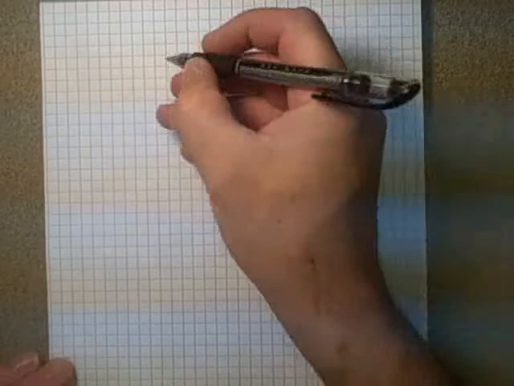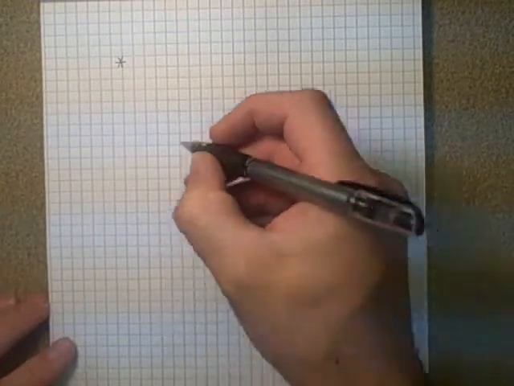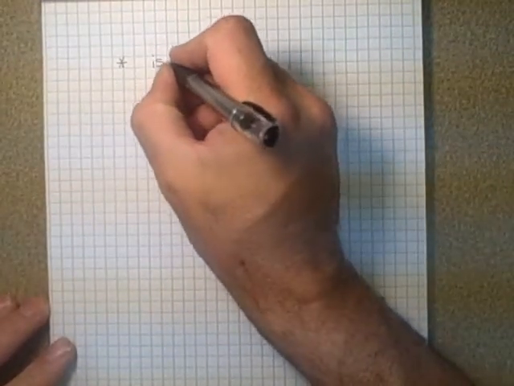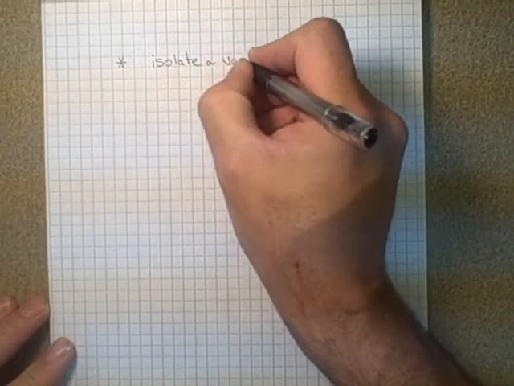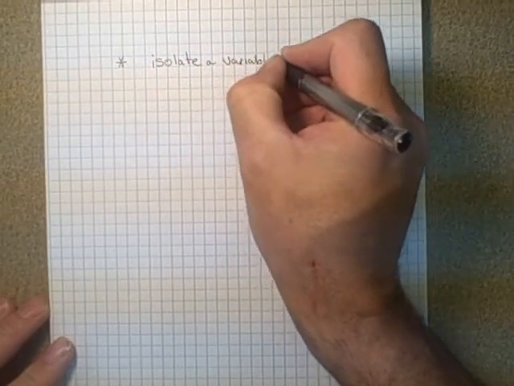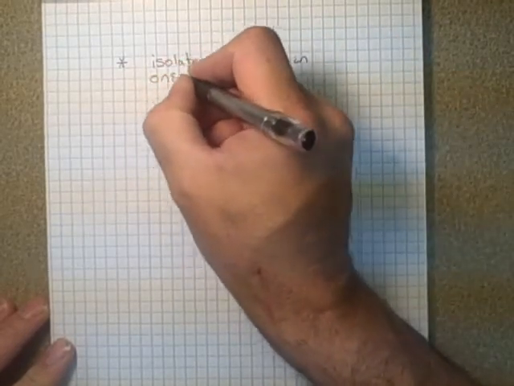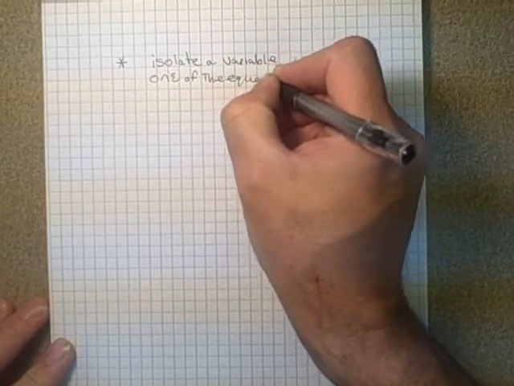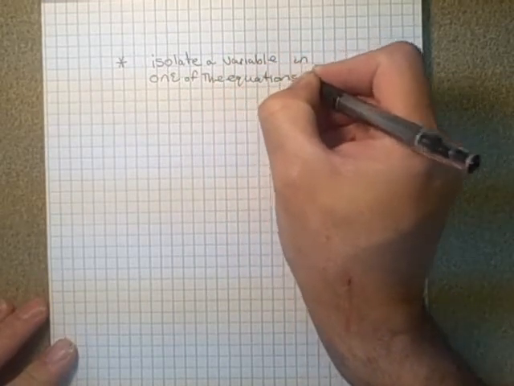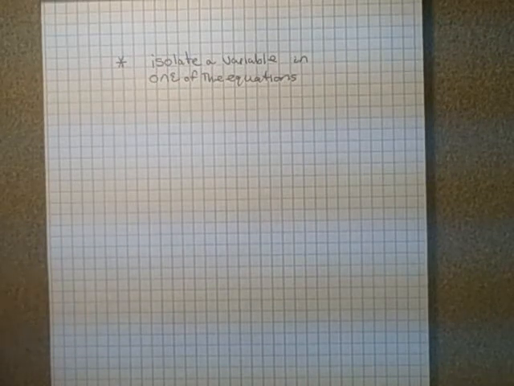We'll do that first. So the first thing you want to do with the substitution method is isolate one variable in one of the equations. So what you're doing there is you're probably looking at which of the equations is the easiest to solve for a certain variable.